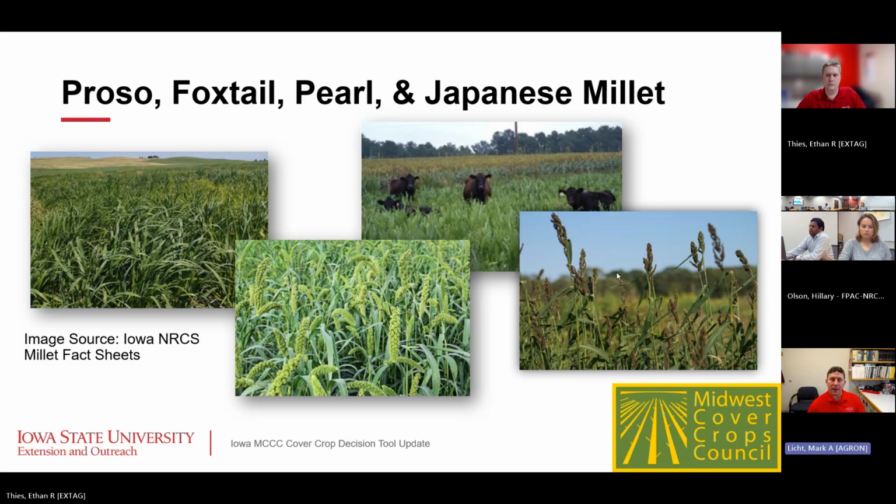With Japanese millet, one of the big things is that it can do fairly well in somewhat poorly drained soils. Some of the other millets like drier soils. They don't like the wet, especially as they're germinating and going through early development. But Japanese millet can withstand that and grows fairly well in those somewhat poorly drained soils.